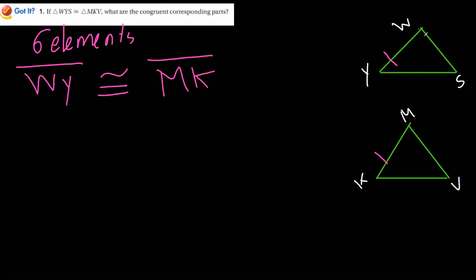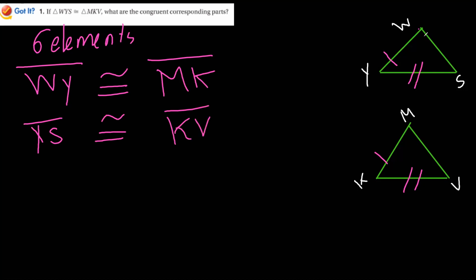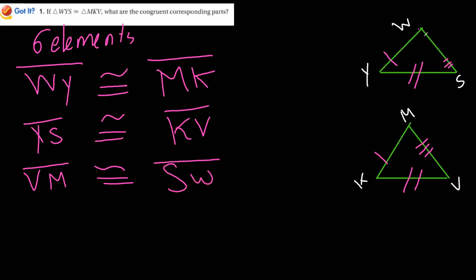The second one, the line segment YS is congruent to KV. And also the line segment VM corresponds to SW. So now I wrote all of the sides.